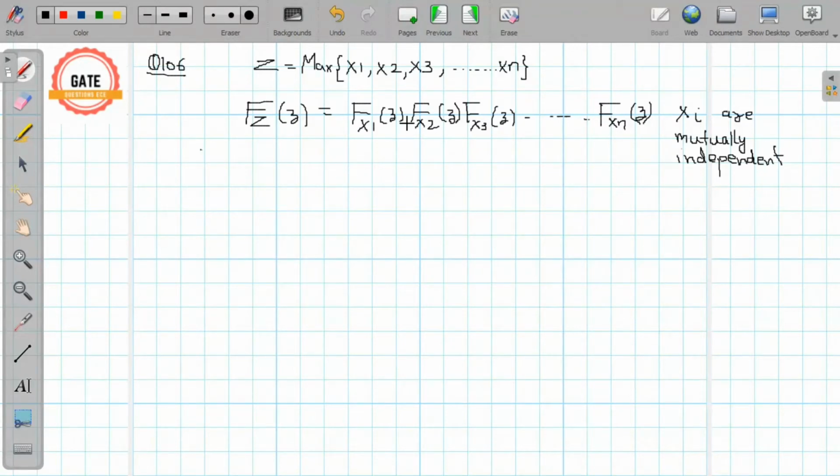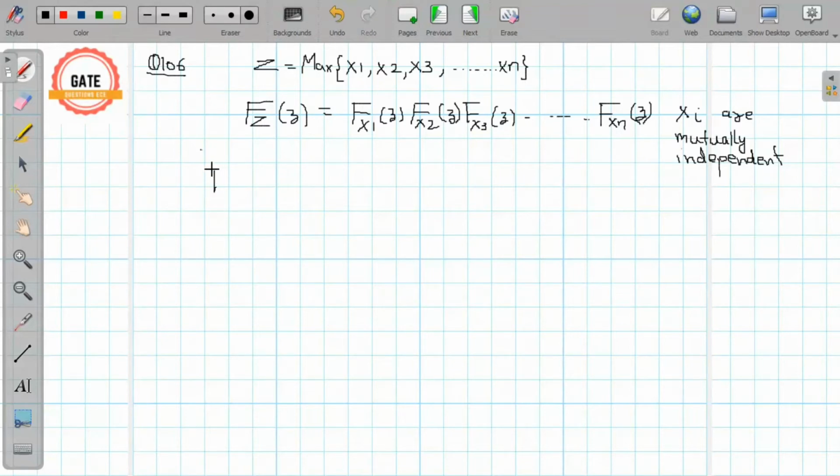So let's see what the result will be for the CDF of Z when all these random variables are independent as well as identically distributed. We know that if random variables are identically distributed, then they will have the same expressions for the CDF as well as for the PDF.